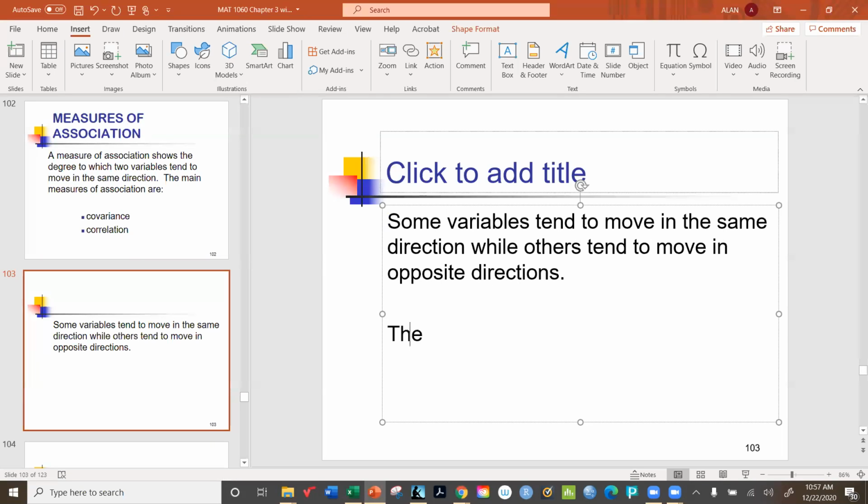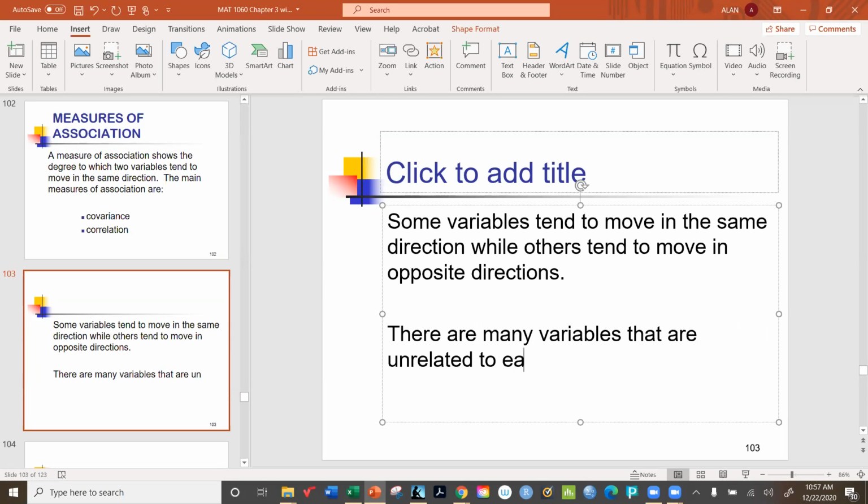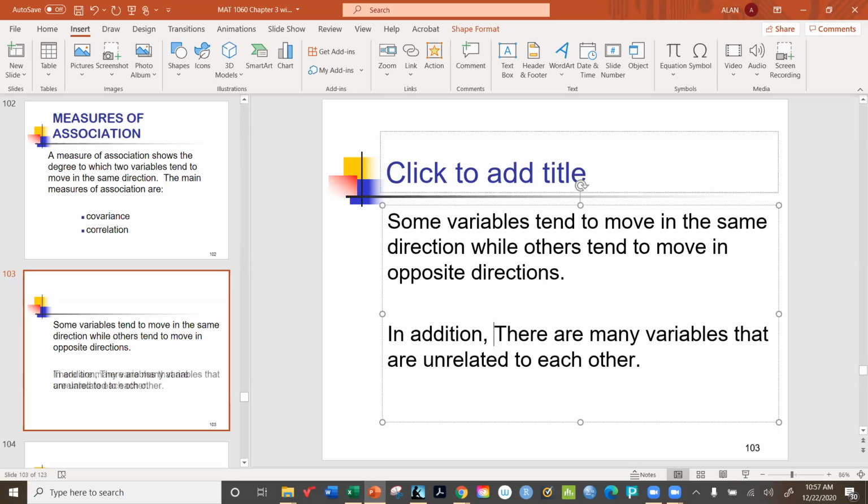Okay, there are many variables that are unrelated to each other. So we've really got three possibilities here. Variables that tend to move in the same direction, variables that tend to move in opposite directions, and variables that are really not related to each other at all.